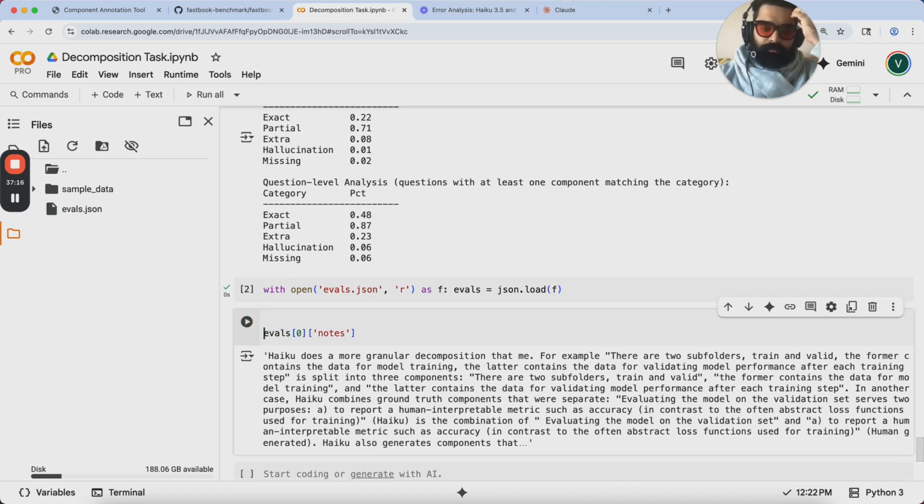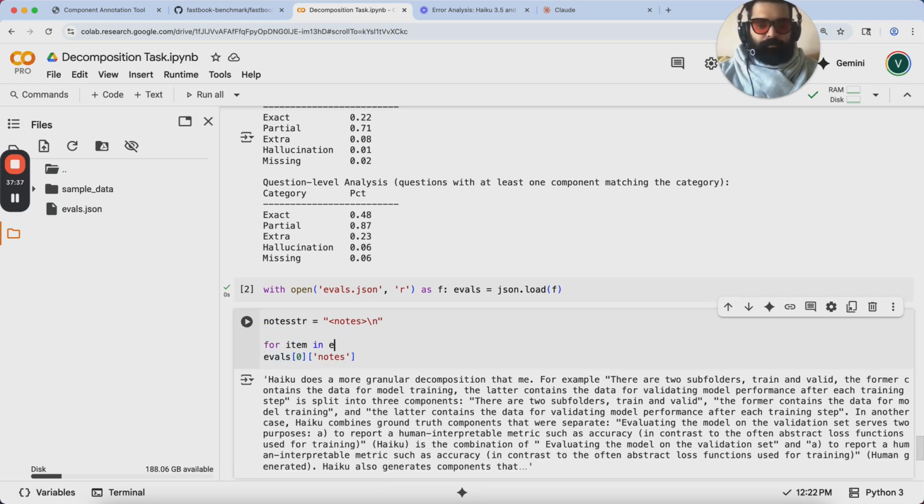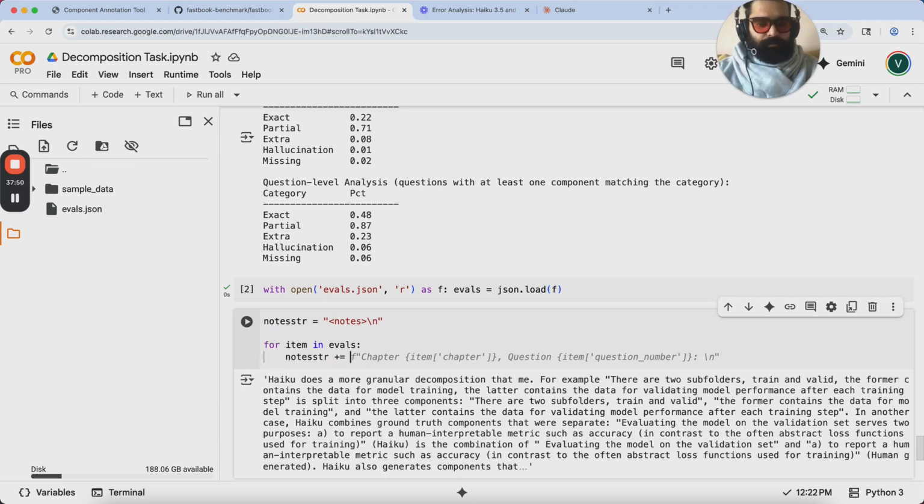So I think what I'm going to do is make a string, and we'll say notes. And then we'll say for item in evals, I'm going to do note.